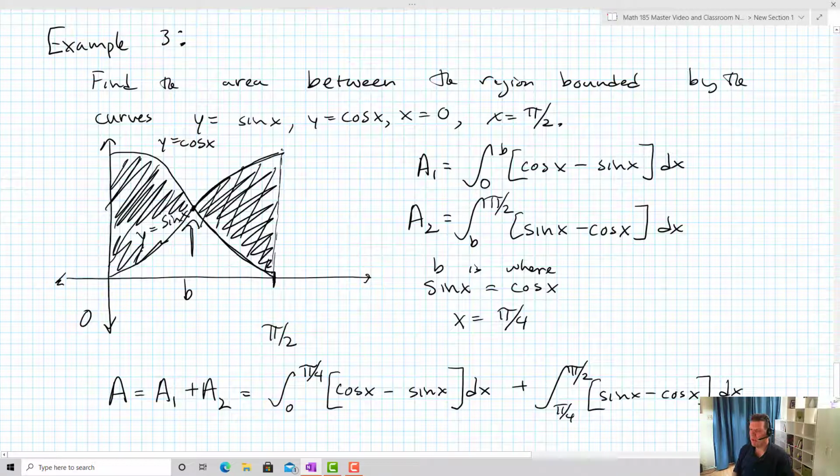So we'll just separate them out into two different areas, and we'll find the area of each individual section, depending upon which one ends up being on top and which one's on bottom.